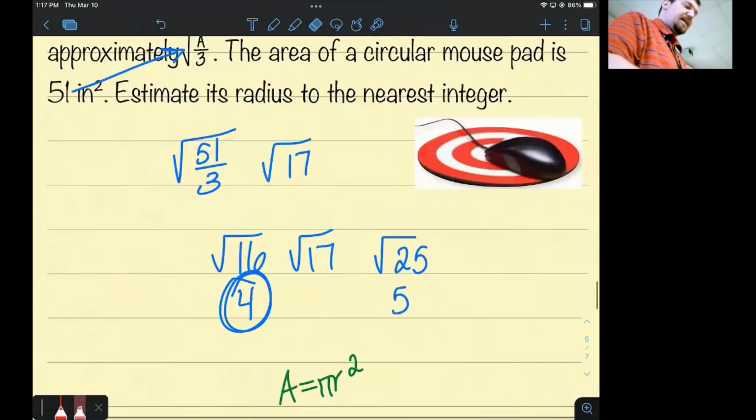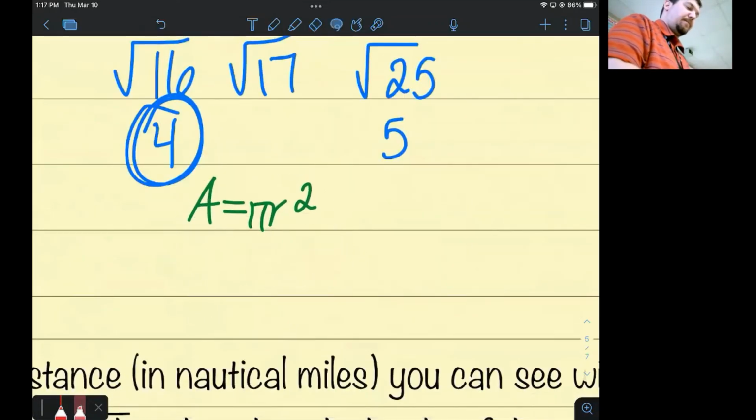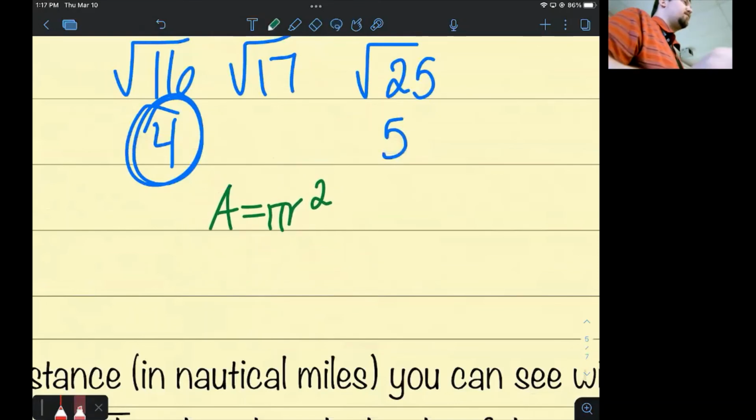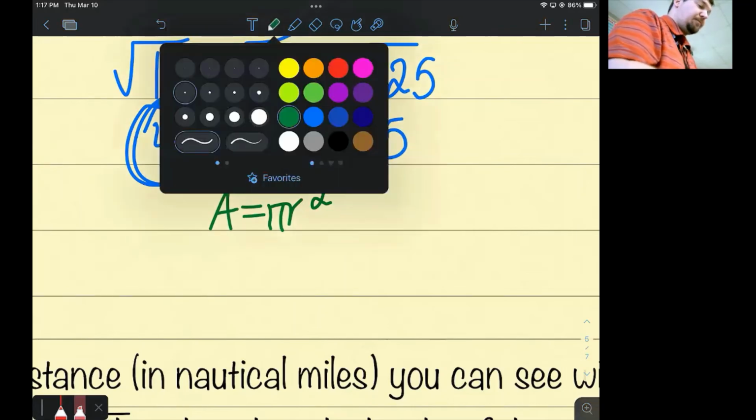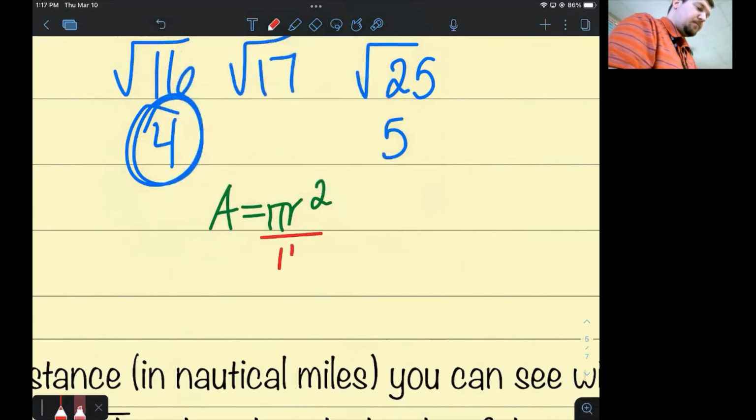So let's see if I can get something similar with the formula that Martin just gave me. What's the first thing I would do to try to find the radius? You guys did this a few chapters ago. We found the radius of a circle given its area. What would you do, Brady? Divide by pi.